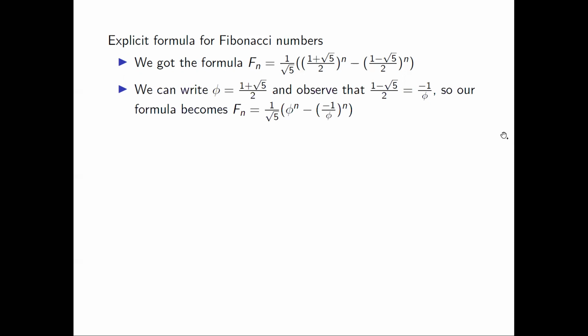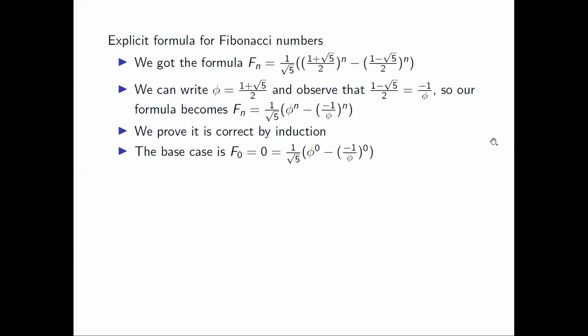So we can write our formula as f sub n equals 1 over the square root of 5 times phi to the n minus negative 1 over phi to the n. And we're going to try to prove that this formula is correct using induction. This time, we're going to use strong induction instead of weak induction.